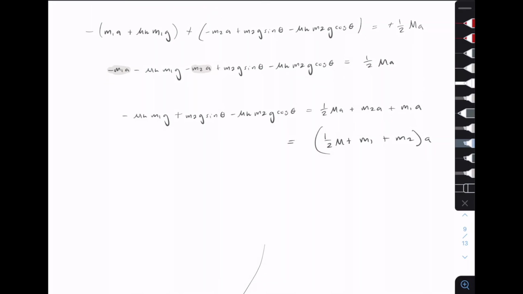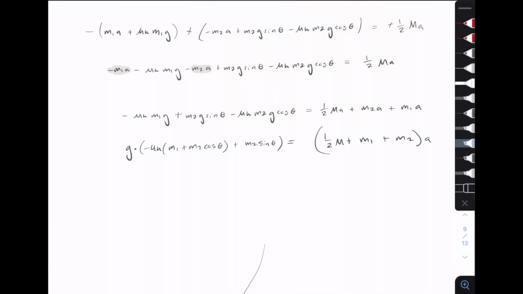Let's see if we can group anything on this side. We have a negative mu K M1, and everything's multiplied by G, so let's pull out the G too. So we have G times negative mu K times M1 plus M2 cosine of theta, and then plus M2 sine of theta, all this times G. You don't have to do this part, this is just to clean it up a little bit.